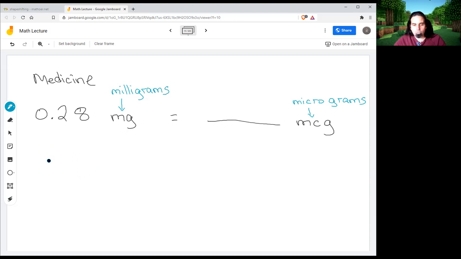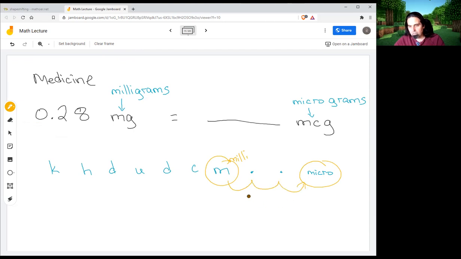So now I have to write all my letters. Killer hobos dance under dazzling crystal mobiles, dot, dot, and the micro. Starting in the milli, going to the micro, 1, 2, 3 to the right. 1, 2, 3 to the right.